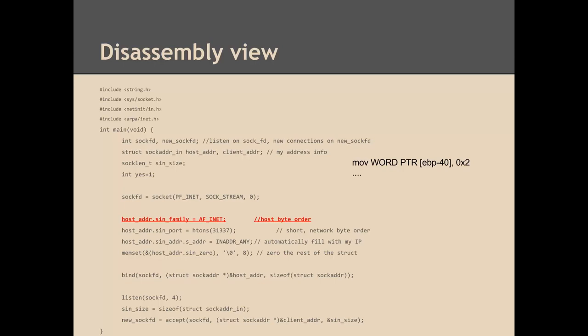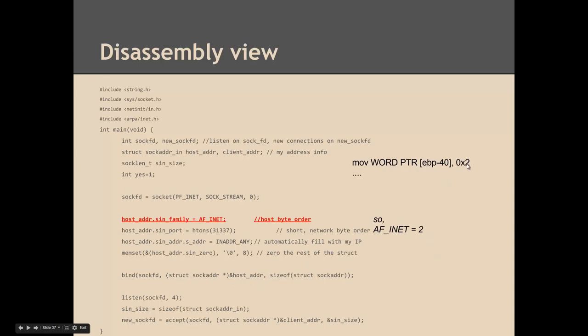So the assembly for the next line of code was simply just move onto the stack, and this -40 is calculated by the size of the other things, and this is all leading up to the eventual call here, passing in this struct effectively.